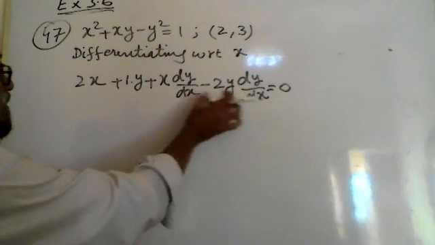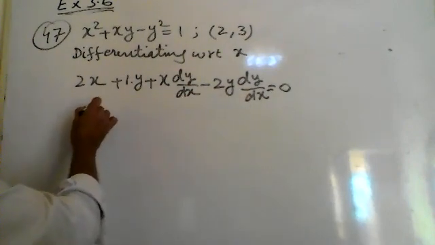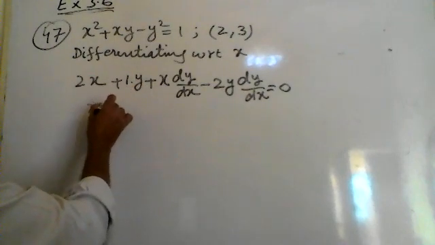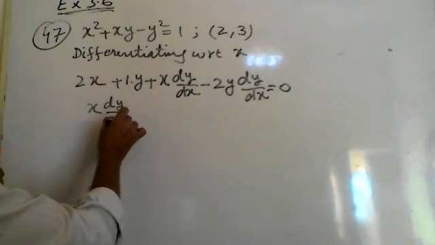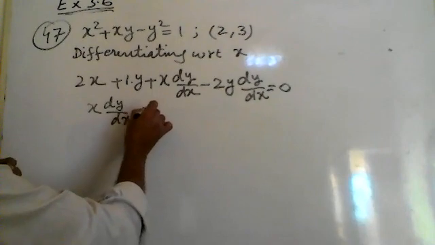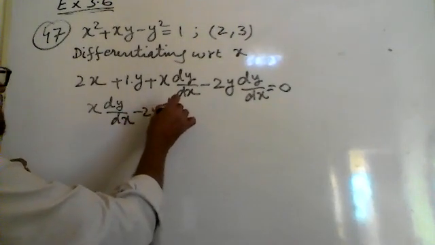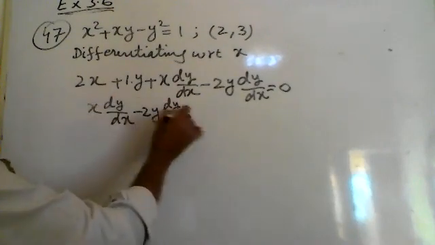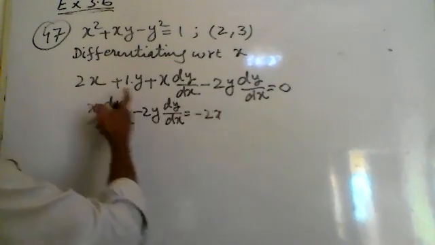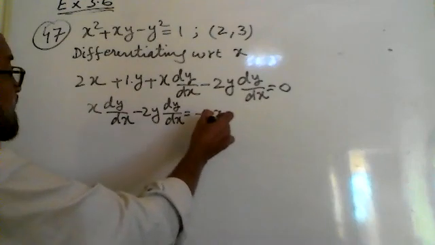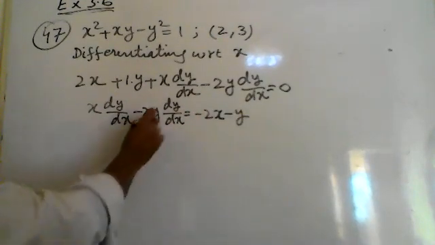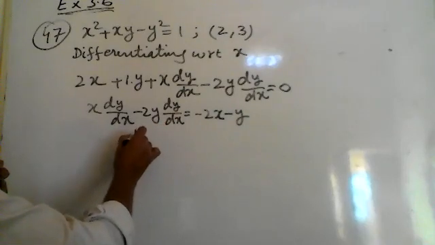Now x dy upon dx will be kept on this side. x dy upon dx minus 2y dy upon dx is equal to minus 2x, and this will go on, minus y. dy upon dx is common.